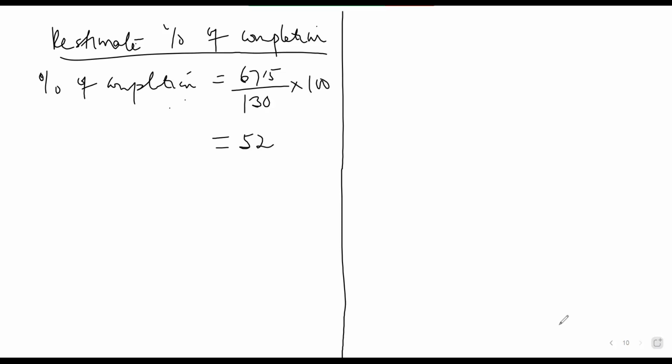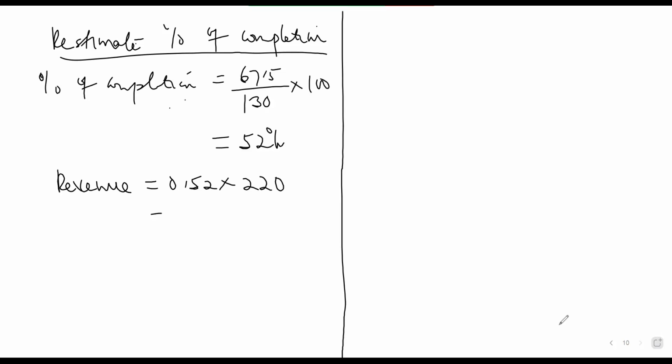So if it is 52%, the revenue that we should recognize is only 52% of completion. So we have 0.52 multiplied by the total revenue now, which will be 150 plus 70. That gives us 220.